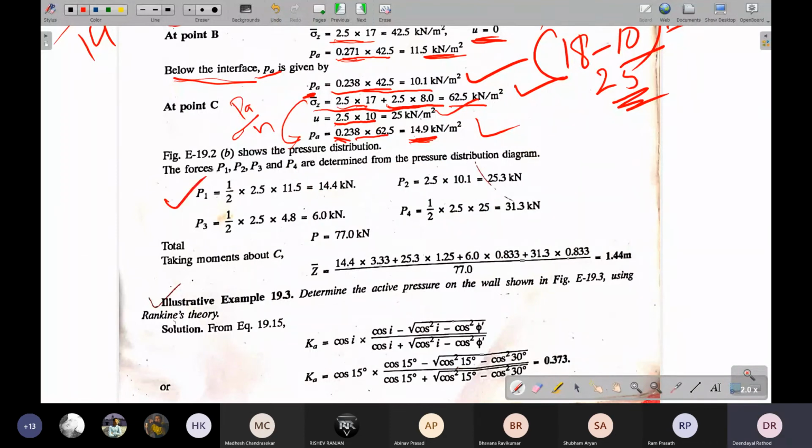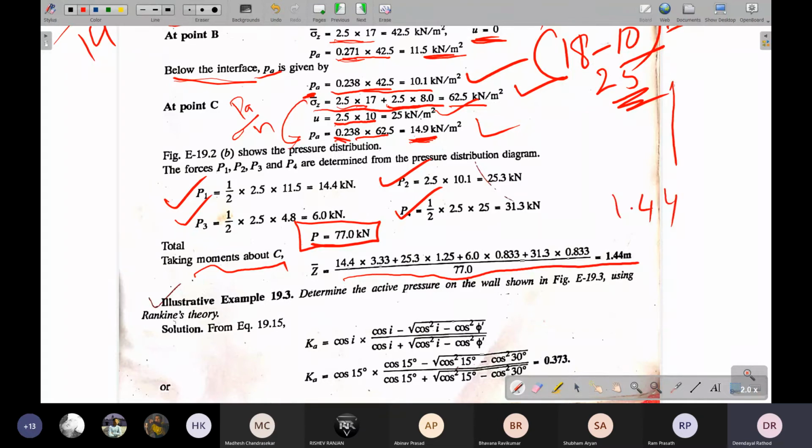Same thing. P1 is half into base into height. P2 is 2.5 into 10.51. Total is 77. Then taking the moment about the C, you will get 1.44.